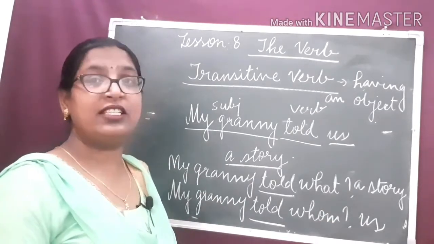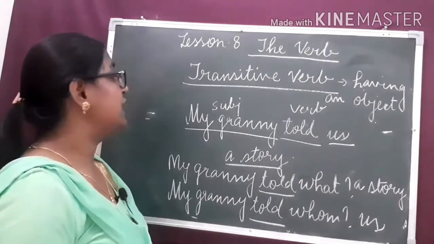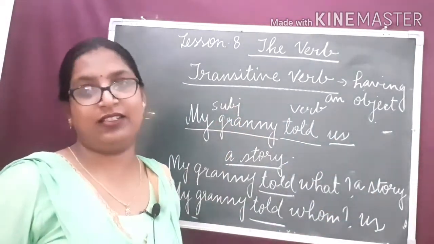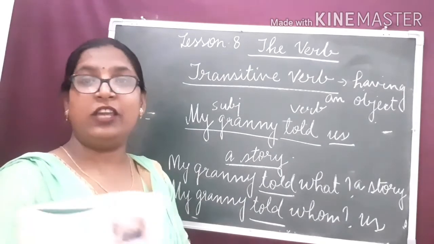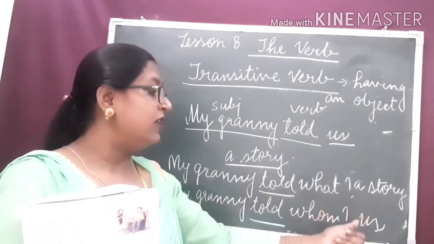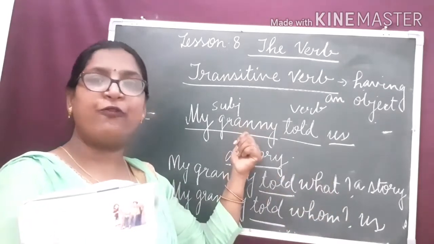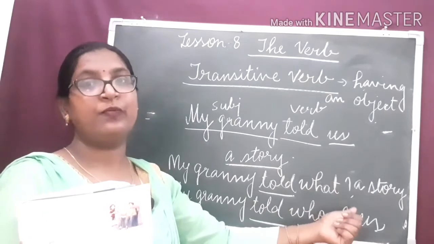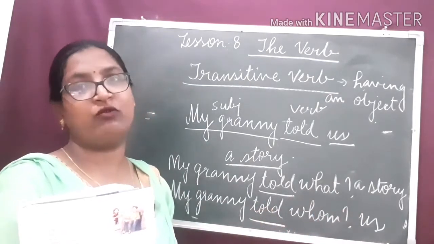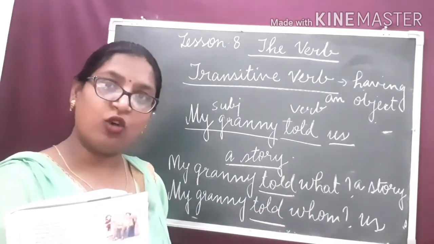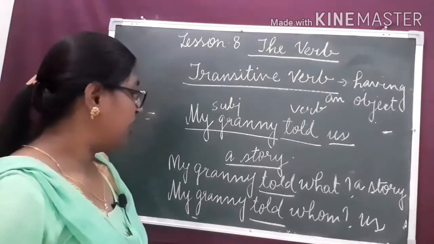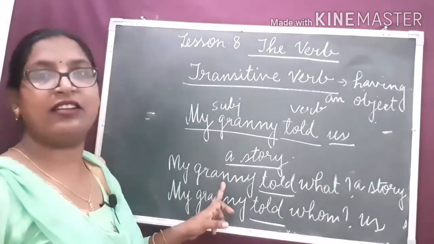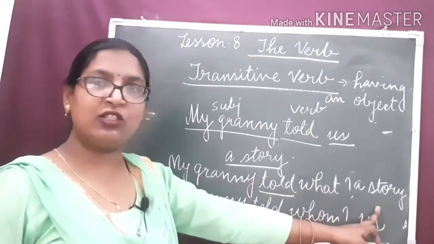After finding out these answers, the fourth step is to compare your answers with the subject. If your answer is different from the subject, we say it is an object. If it is similar to the subject, we do not say it is an object. Now, a story and granny. Granny is the subject and the answer is a story.